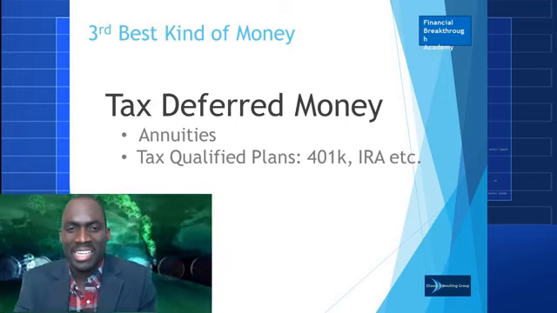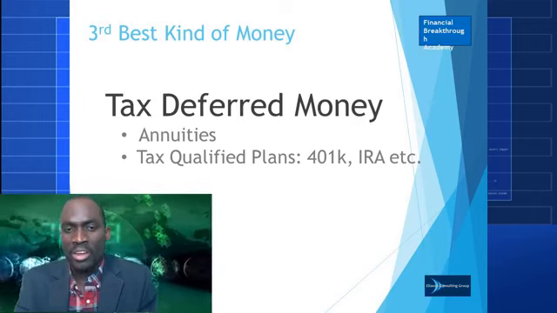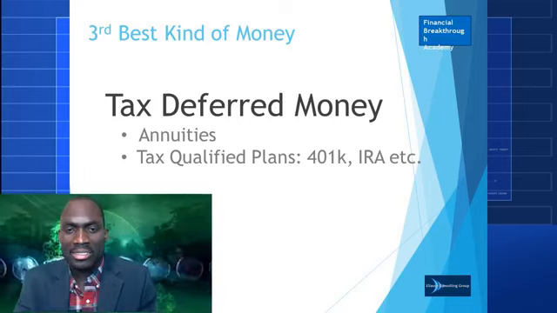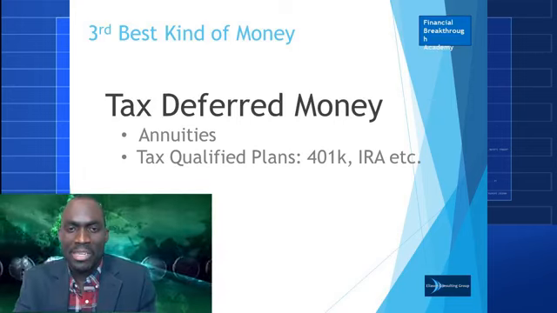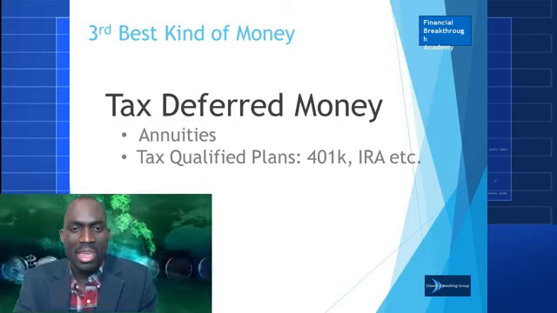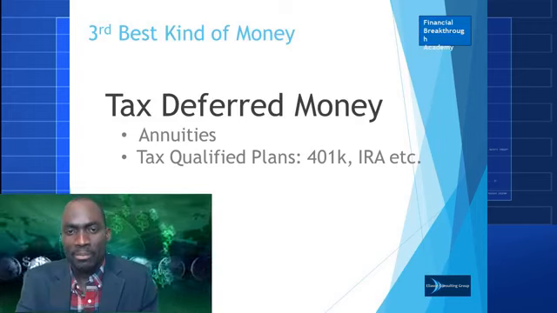Now, under some circumstances, this could be very helpful because you will not be paying the taxes immediately, especially if we are within a high tax environment, and you could save the money and defer the taxes for a later date.